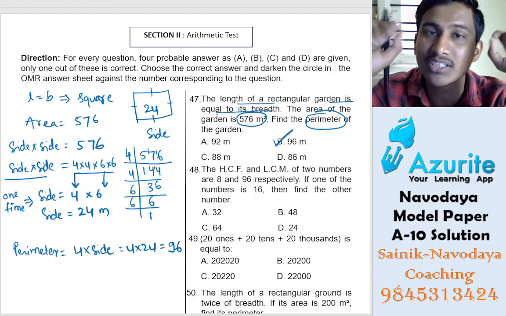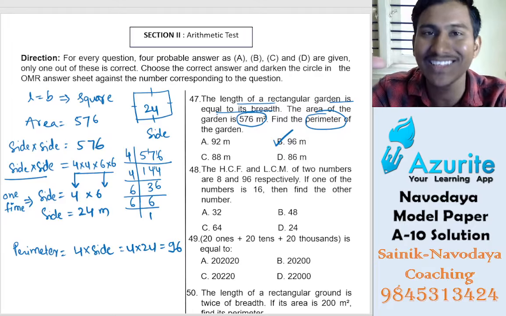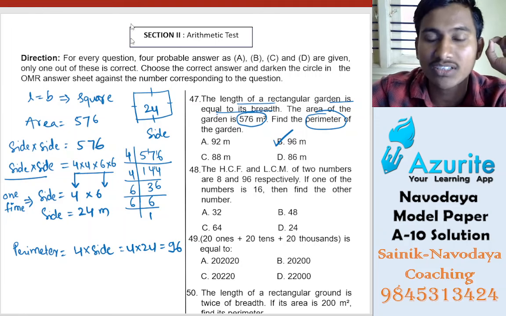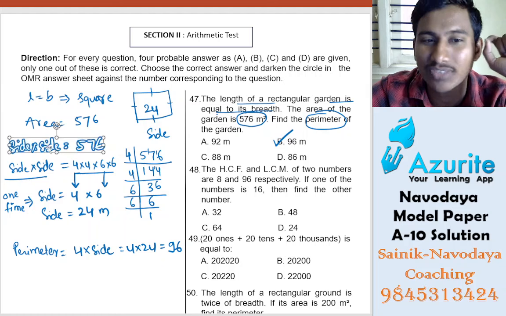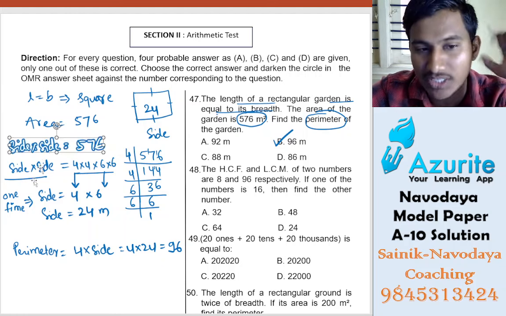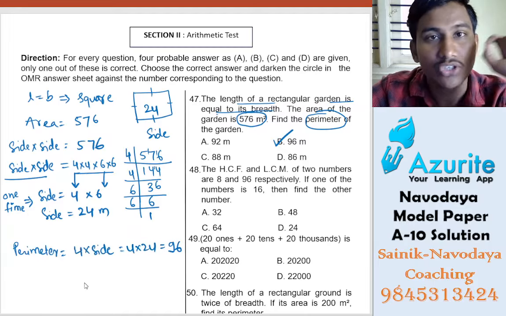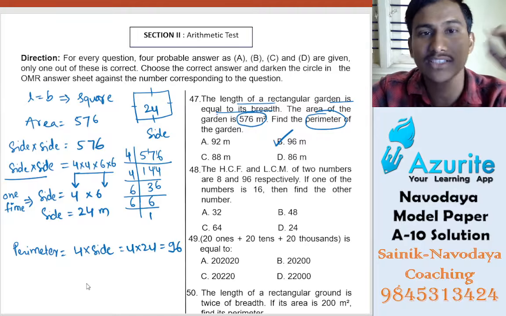Understand? Remember, questions like this are a little lengthy. You have to remember the formulas. Area of the square is side into side. Perimeter of the square is 4 into side. So remember them and practice these questions. Okay?